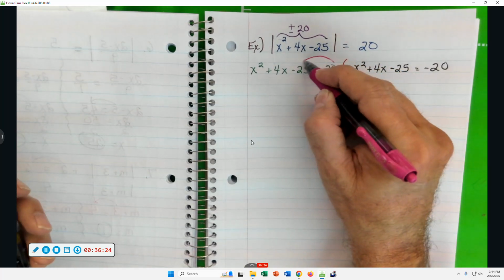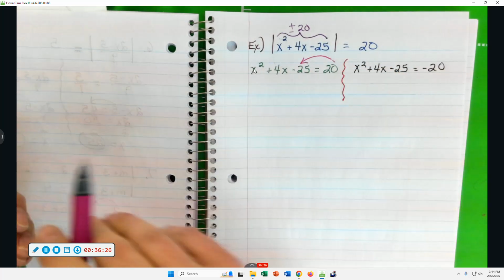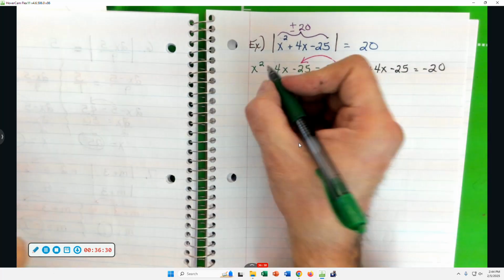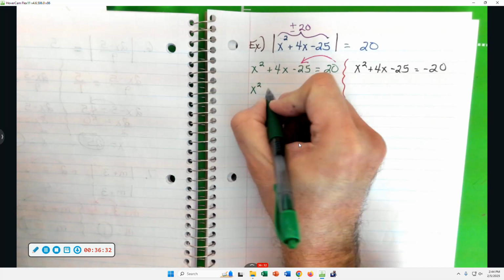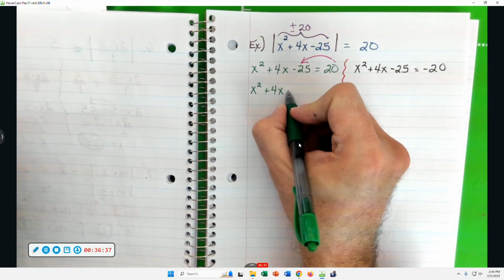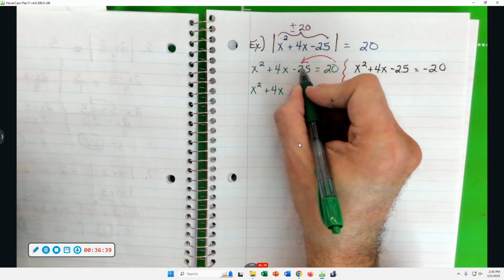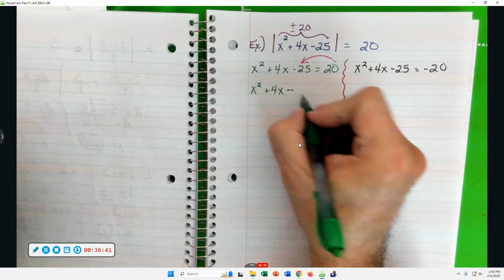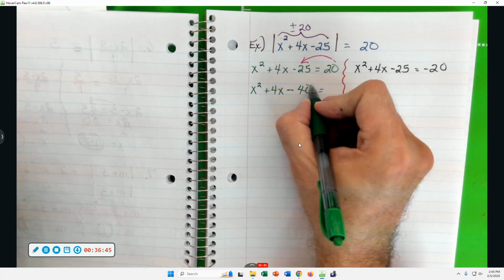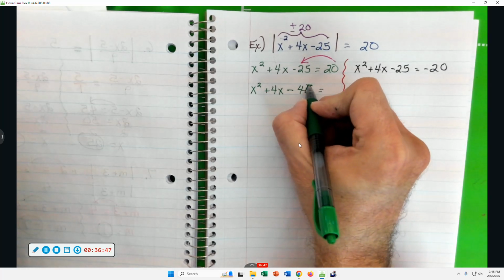Right. Remember, I don't want to move the x squared term if it's going to make it have a negative coefficient. So we have the equation x squared plus 4x, negative 25 and then a minus 20. What's that going to be? 45. I heard 45 and wrote 40.